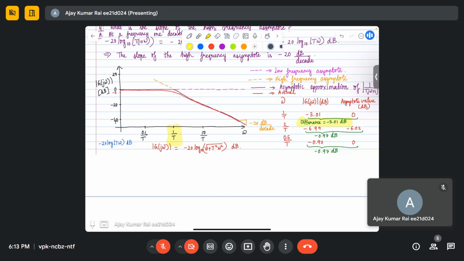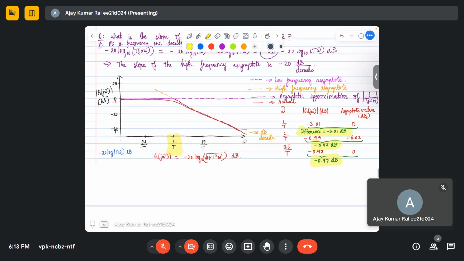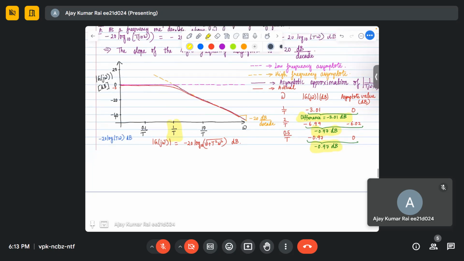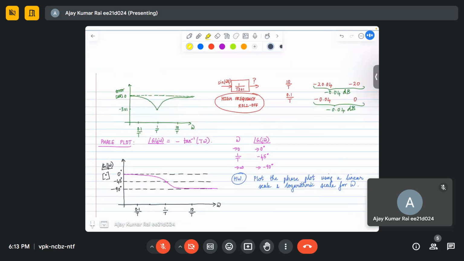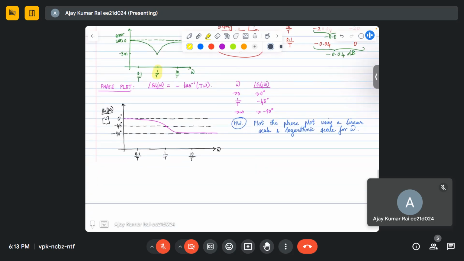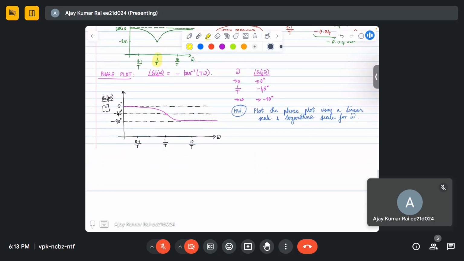As we go away from the corner frequency, you can see the error keeps on reducing. So we can approximate the actual curve with the approximate curve, because the error is very small. At 1 by T the error is maximum, and at the other points the error decreases. Here you can see the phase plot.